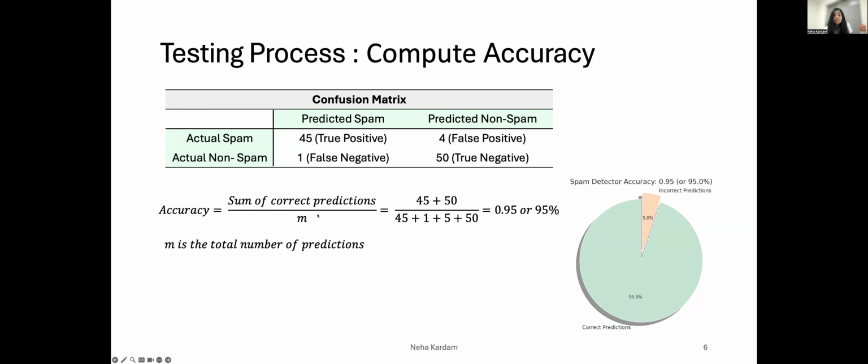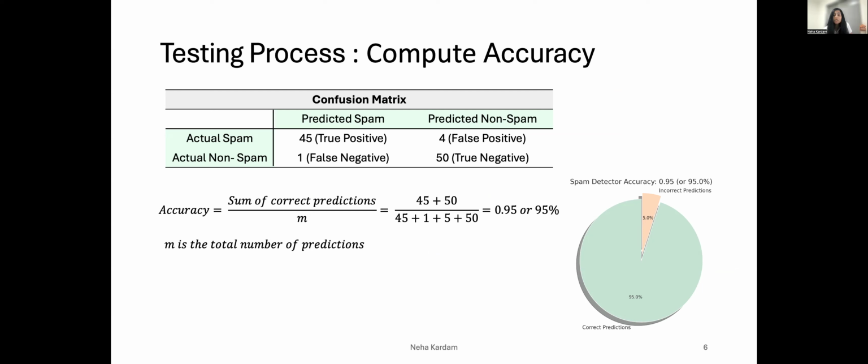It is calculated by dividing the number of correct predictions, true positives and true negatives, by the total number of predictions. This gives us an overall sense of how often the model is correct. Accuracy is expressed as a score between 0 and 1, or as a percentage. A perfect accuracy of 1 or 100% means every prediction is correct.